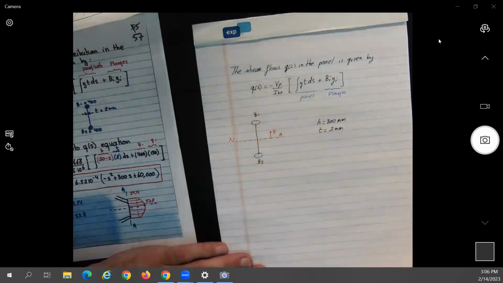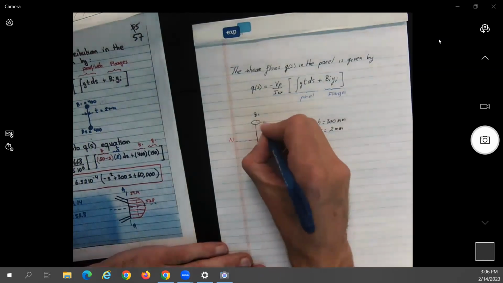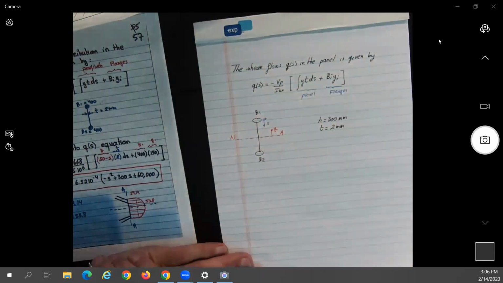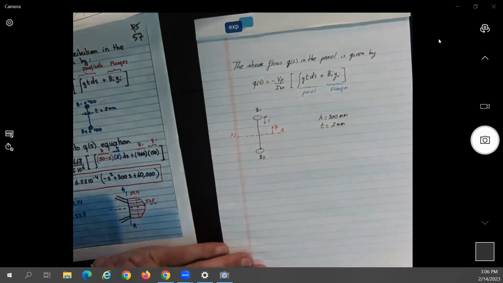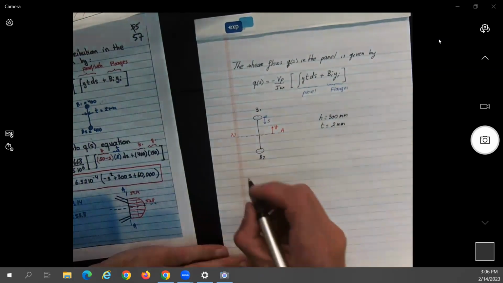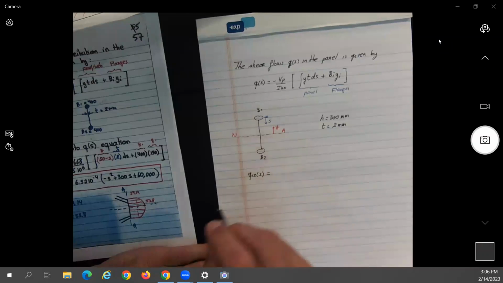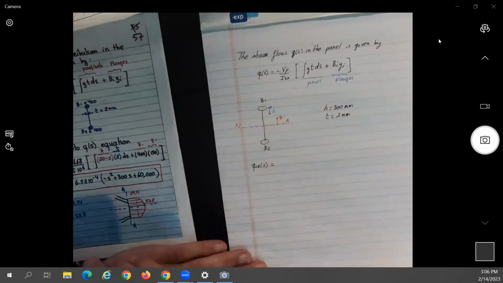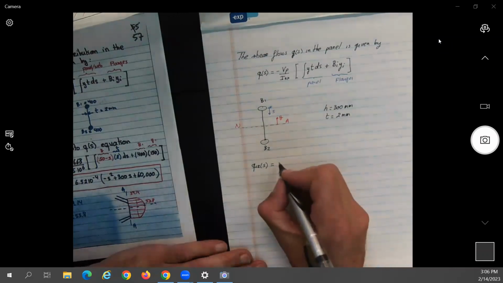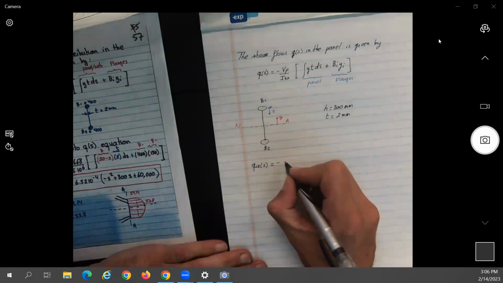So now this is the part that generally is hard. Y is always calculated from the natural axis, but when we calculate the shear, we start from one location. So for instance, over here, what do we have? It will be Q, 1, 2 of S in that direction. Will be equal to what? What is VP? Minus 14,000.